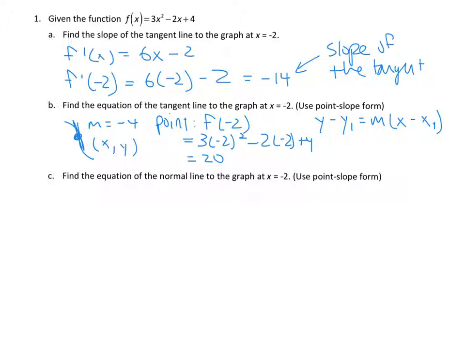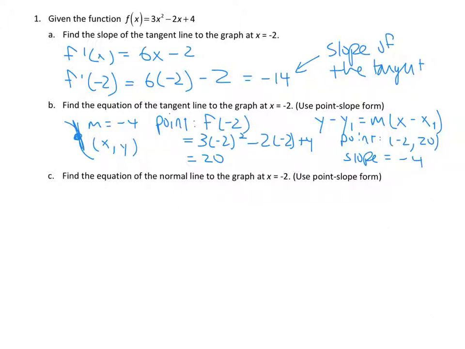So the things that I need, again, are the point, which is -2, comma, 20, and the slope of the tangent line, which we found to be -14.